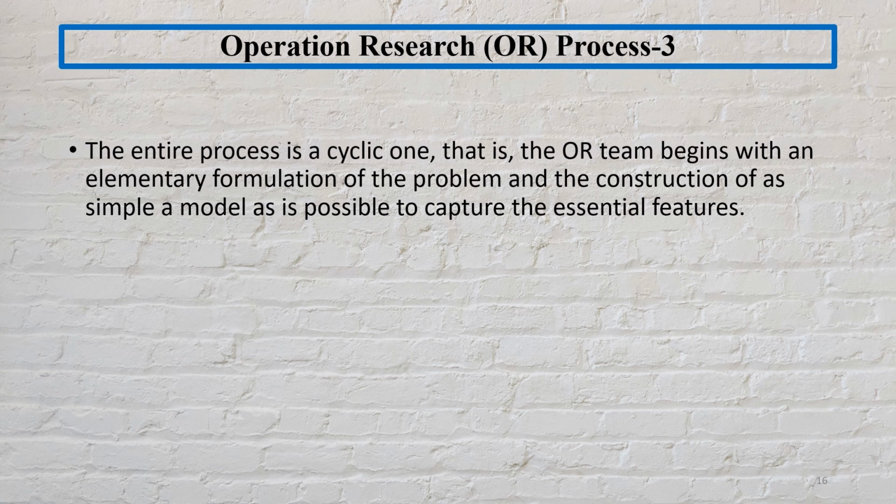The entire process is a cyclic one, that is, the work team begins with an elementary formulation of the problem and the construction of as simple a model as possible to capture the essential features.